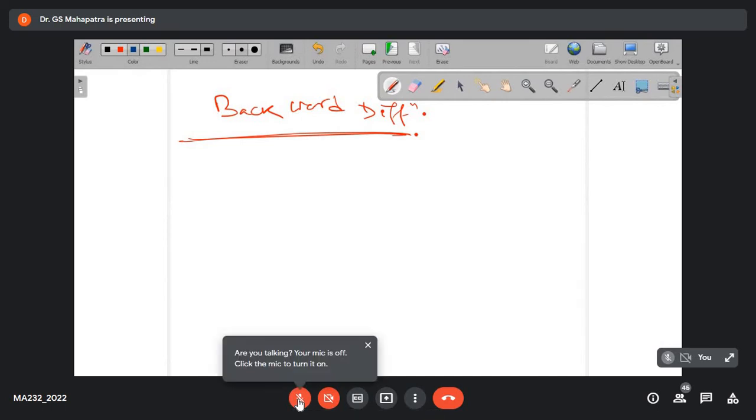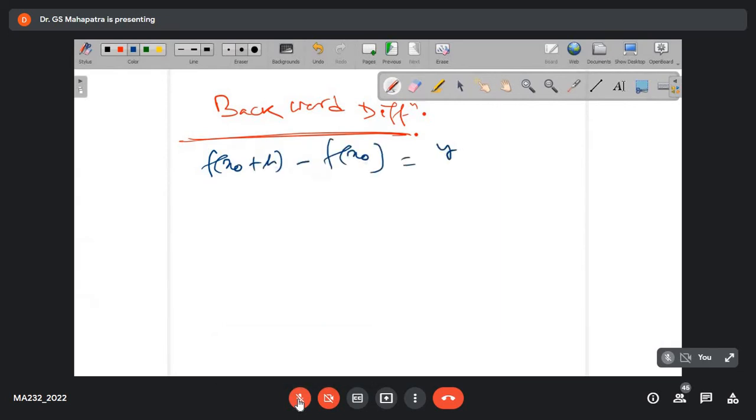The difference f of x0 plus h minus f of x0 is y1 minus y0, this type of difference. The next one is f of x0 plus twice h minus f of x0 plus h, so this is y2 minus y1 and so on.